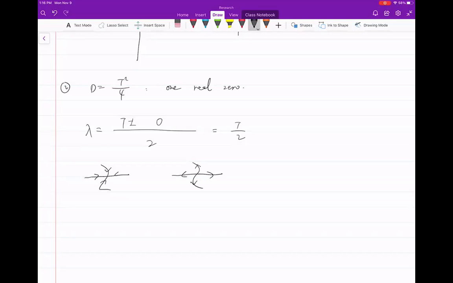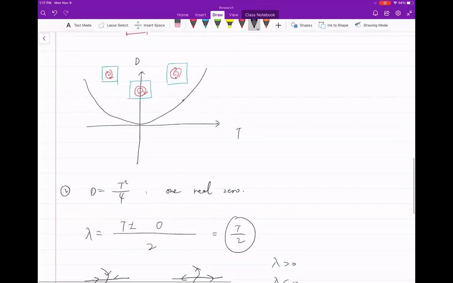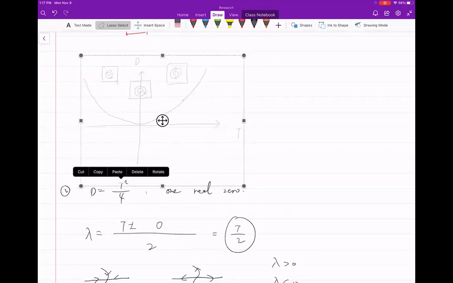Okay, which case you have really depends on whether your lambda is positive or negative. In this case, it's already T over 2. Then it reduces to whether your T is positive or negative. So T less than 0, you have this. T bigger than 0, you have this. We can copy this. Paste again.